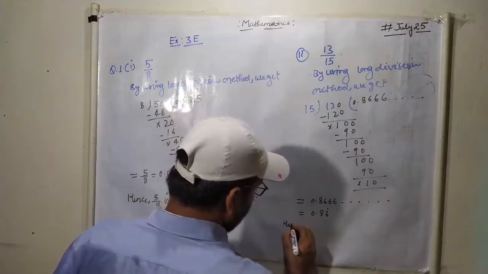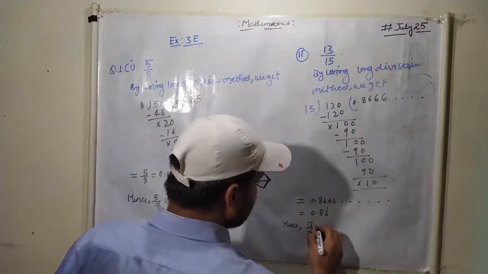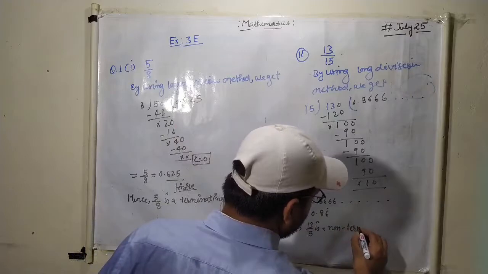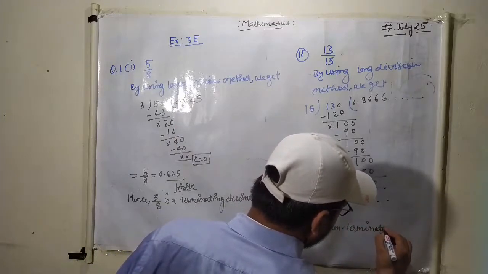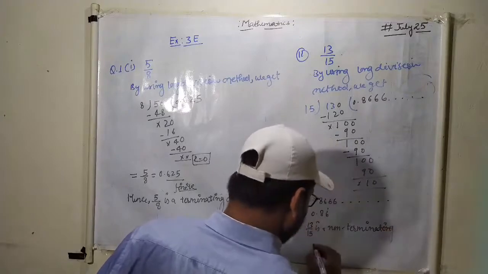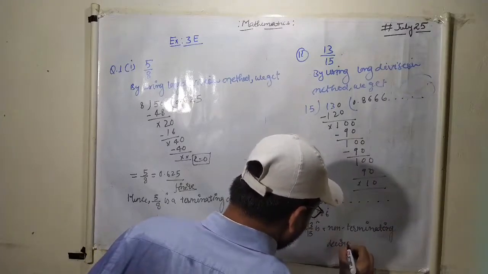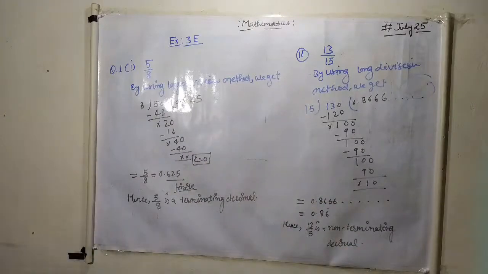Hence 13 upon 15 is a non-terminating decimal. Okay, so this way you can do question number third and fourth yourself.